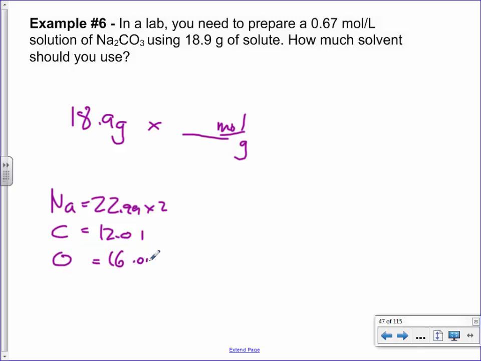Oxygen, 16. 3 of those. Find a molar mass, which hopefully you can do fairly quickly. Like, I mean, look it up if you have to, but hopefully you know how by now.